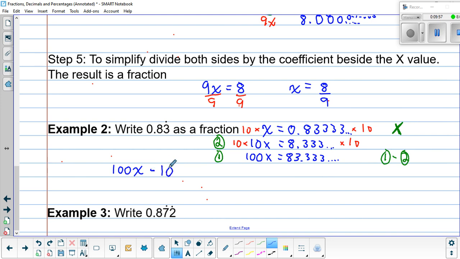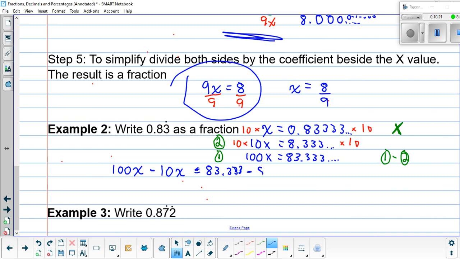And if you prefer writing it out left to right, that's fine. It's just as you get higher and higher into your maths, you'll see it written top down like I did up here, you'll see that happen a lot more. But 100x minus 10x, and then on the left side we have 83.333 came first, right?